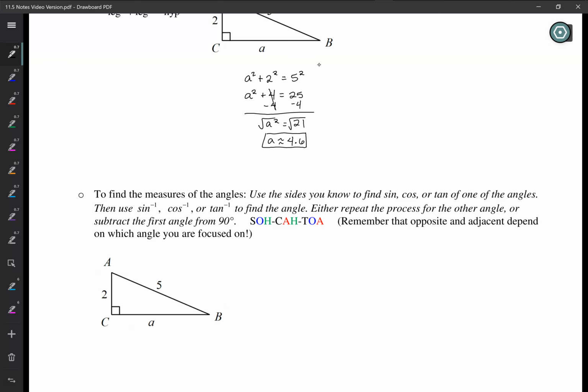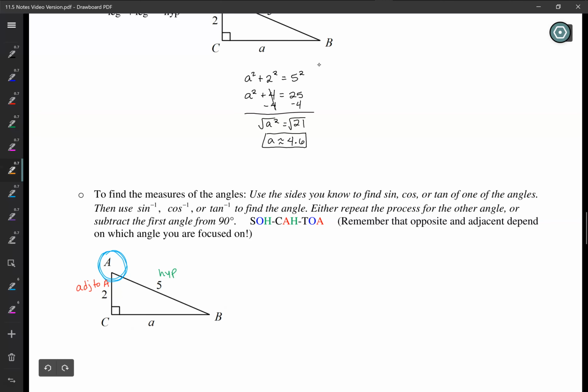Because if I try to find angle A, well, if I'm looking at angle A, then the 2 is adjacent, and the 5 is the hypotenuse.